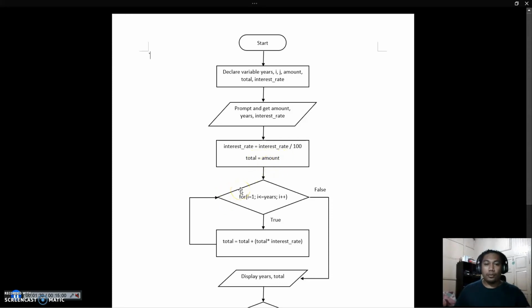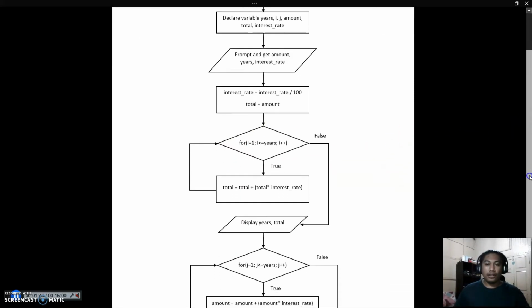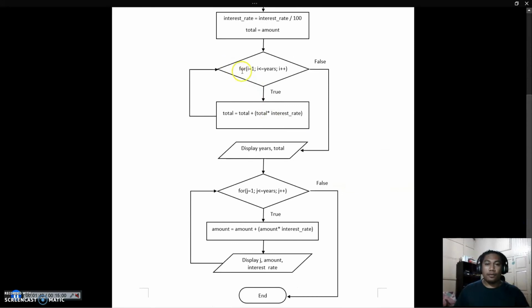Then a for loop will be constructed. The condition for the loop is I less than or equal to years, and in this loop I will be initialized equal to 1 and will be increased by 1 after every repetition.